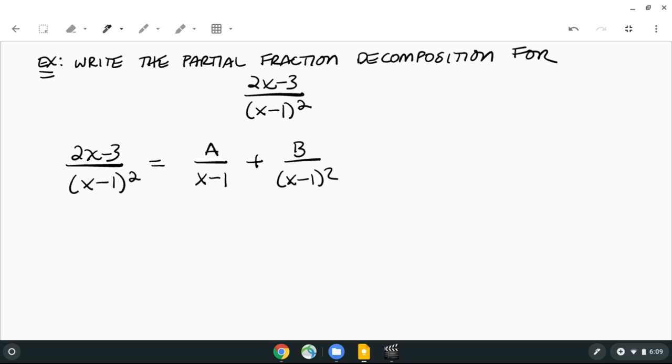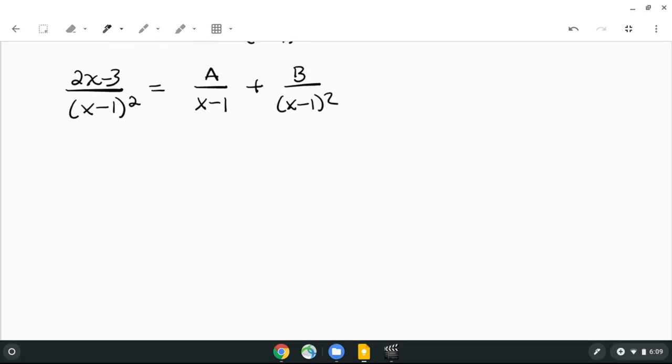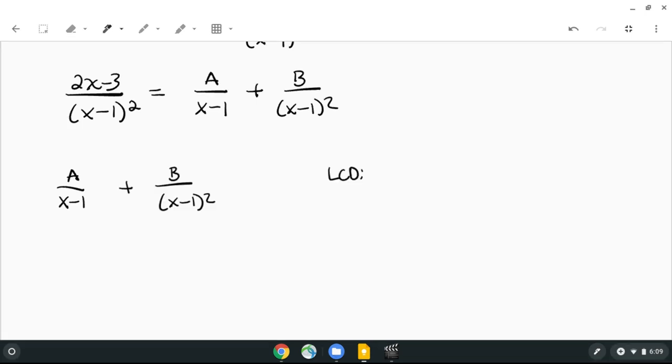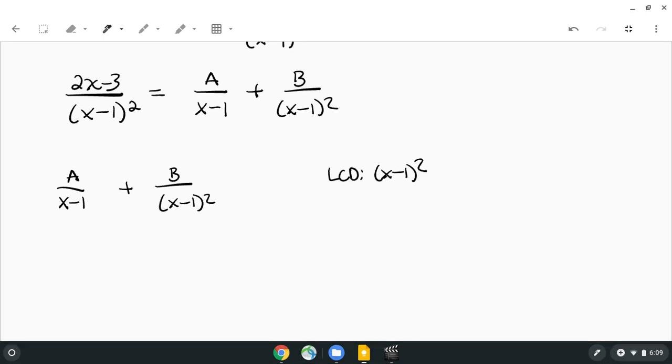So let's go ahead and add those fractions. Let's do the work down here. A over x minus 1 plus b over x minus 1 squared. So my LCD is x minus 1 squared. My device is slowing down.